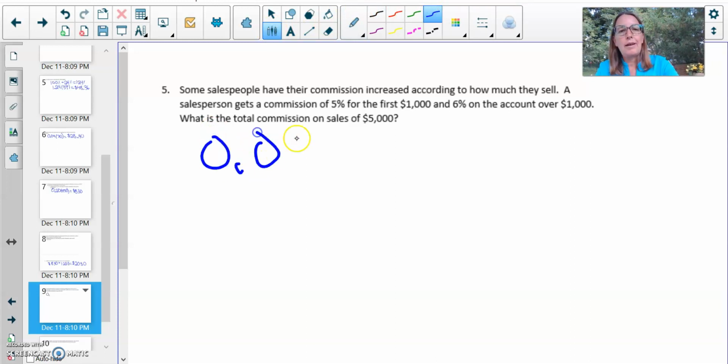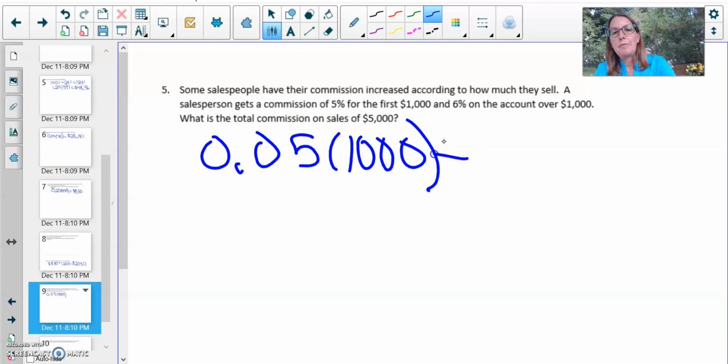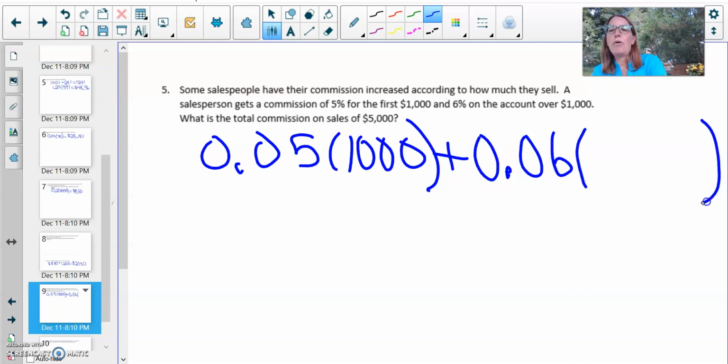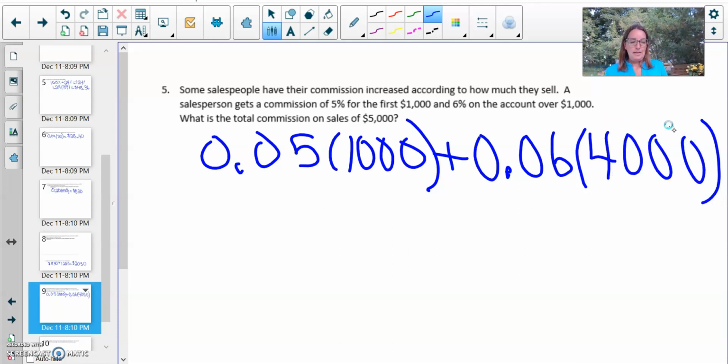So I would do .05 times $1,000 plus they make 6%, so .06 times the amount over 1,000 that they sold, which in this case would be 4,000. Use my calculator to multiply those out now.